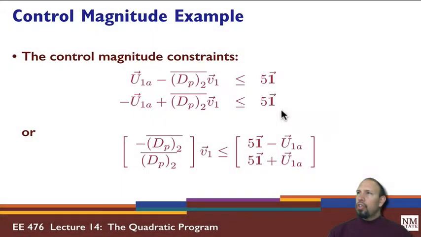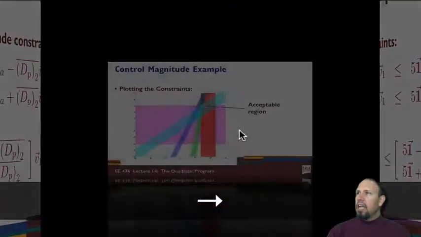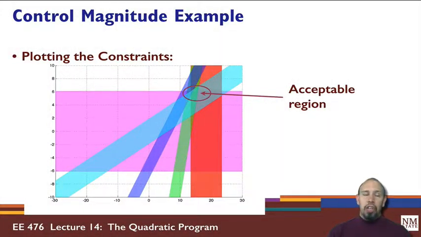The control magnitude constraints say this. These are the 2 control magnitude constraints. In vectorized form, it's all this. And if we plot those bands, we see that we have an acceptable region right in here.